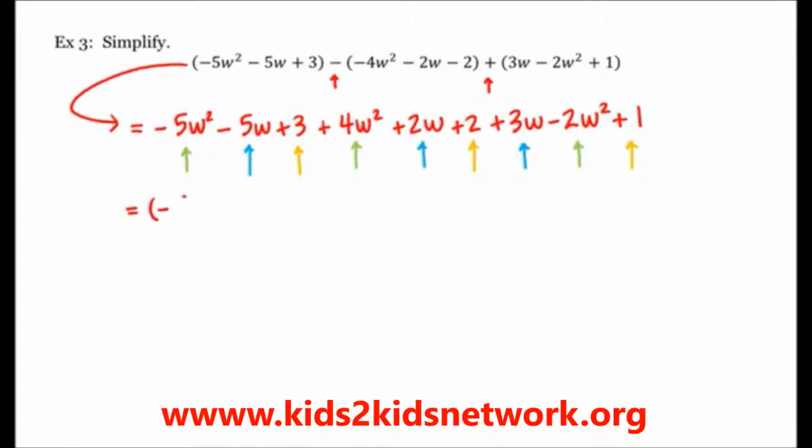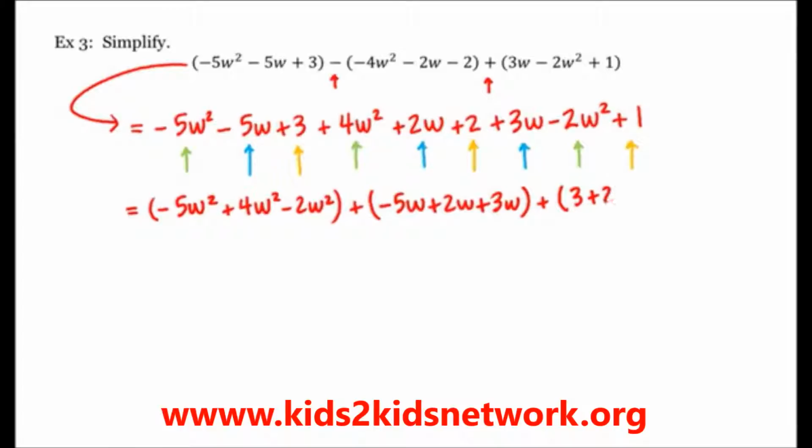So grouping these together gives us negative 5w squared plus 4w squared minus 2w squared, and then plus negative 5w plus 2w plus 3w, and then plus 3 plus 2 plus 1, which is equal to negative 5w squared plus 4w squared minus 2w squared is negative 3w squared.